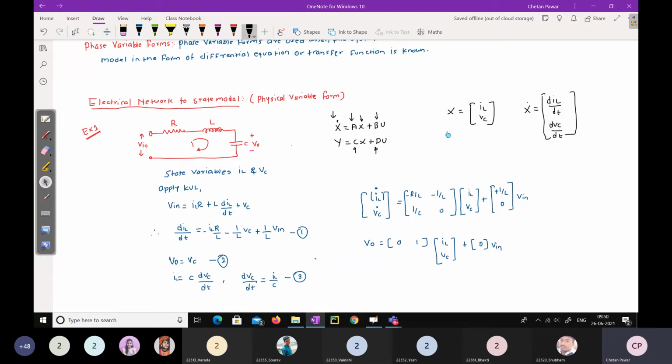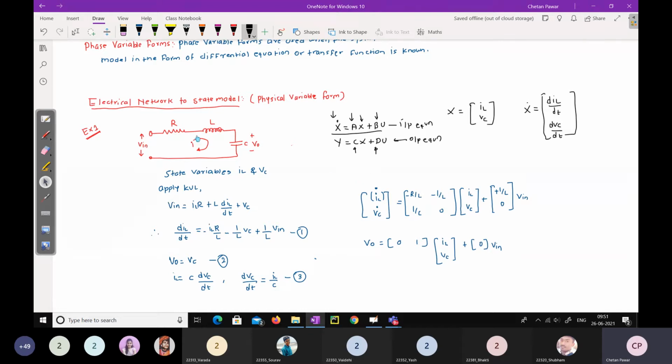Our main aim here is to represent the system, whatever KVL equation we apply, in the form of this particular representation. So this is the state equation and this is the output equation.